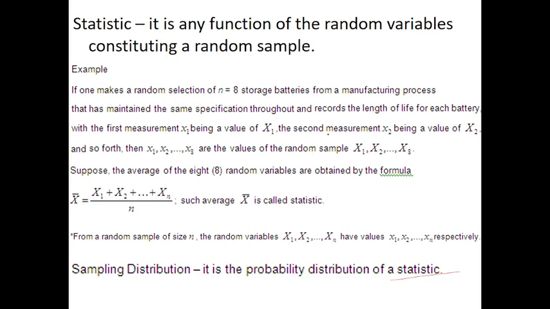I have already taught you about probability distribution before, in chapter 3, which is the probability distribution of a random variable. This time, it is the probability distribution of a statistic, and that is what we call a sampling distribution.